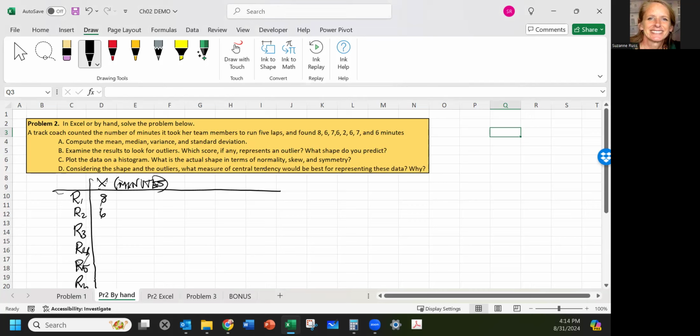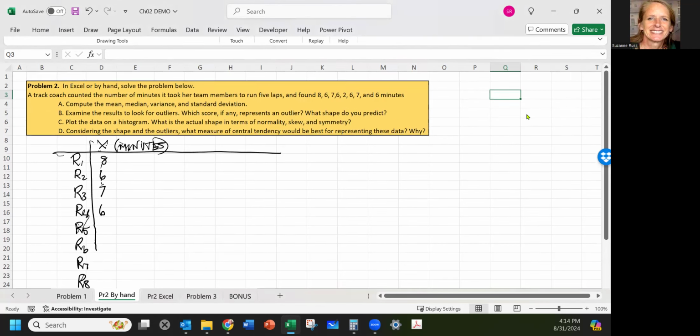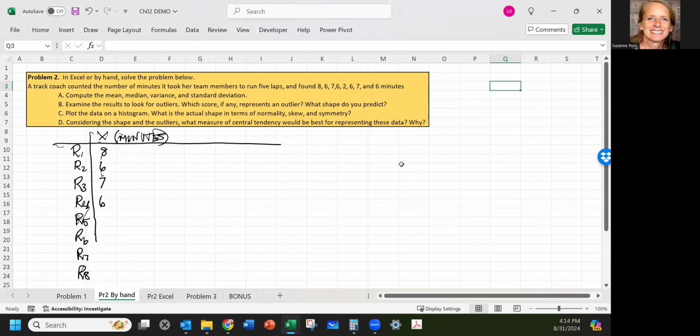I'll collapse the ribbon, give us a little more room on the screen. 8, 6, 7, 6, 2, 6, 7, and 6. And now I can draw another vertical line.